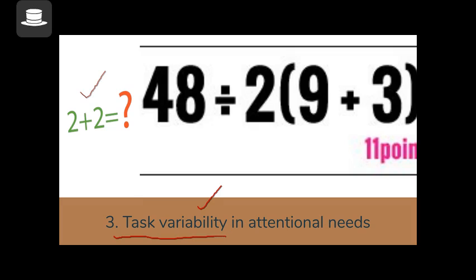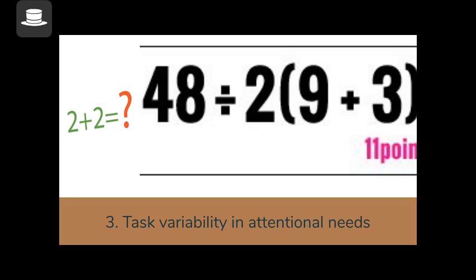In other words, some tasks are automatic or easier, whereas other tasks are difficult. When I say difficult, that means it needs more attentional resources than others. So the third idea is that some tasks require more attentional resources than others.